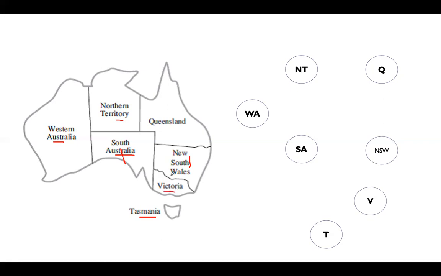I did not observe. So 7 regions, so 7 vertices. Next, Western Australia shares border with Northern Territory and South Australia. So you connect them using an edge. Okay. Next, Northern Territory is sharing border with Queensland. So connect it with one edge. Next, Queensland is sharing border with New South Wales and South Australia.